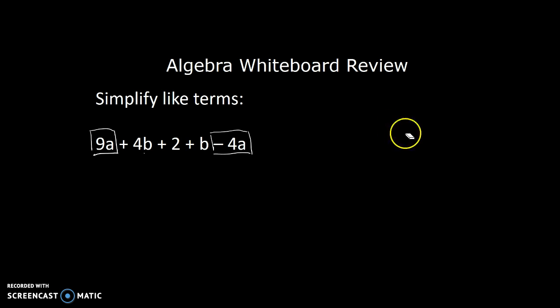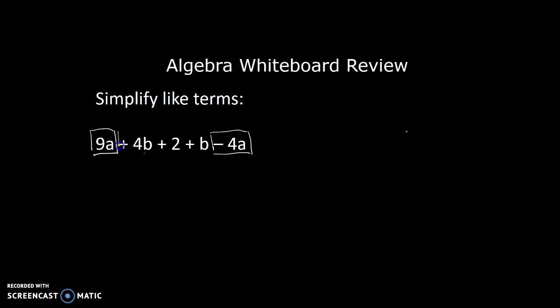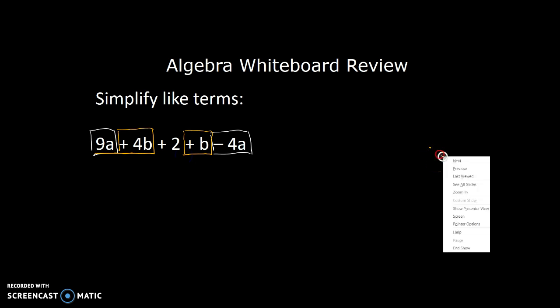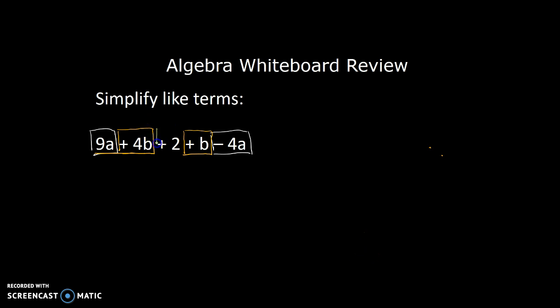Okay, so there are my a terms, and then I want to switch colors. Let's go with orange for b. I'm going to box my b terms in a different color. Now I think I will go with, let's see, how about green for my number?